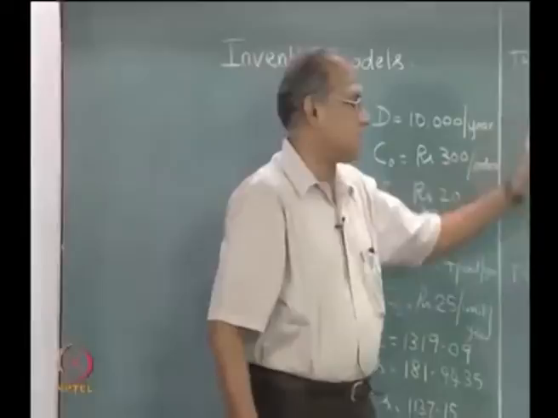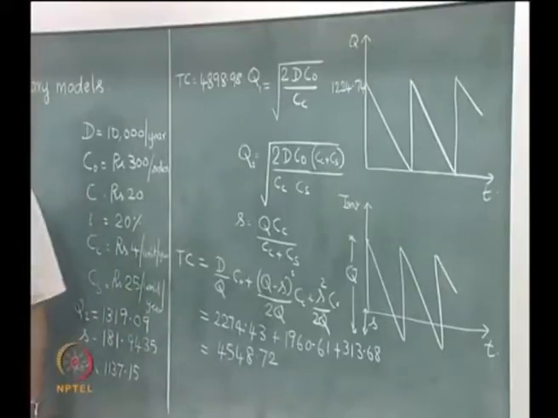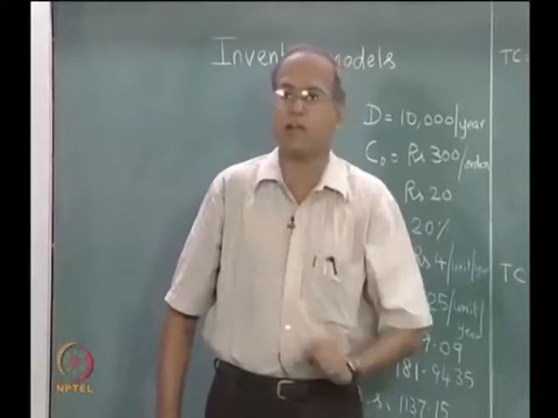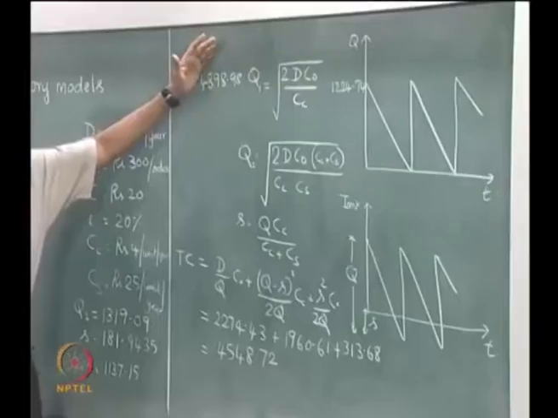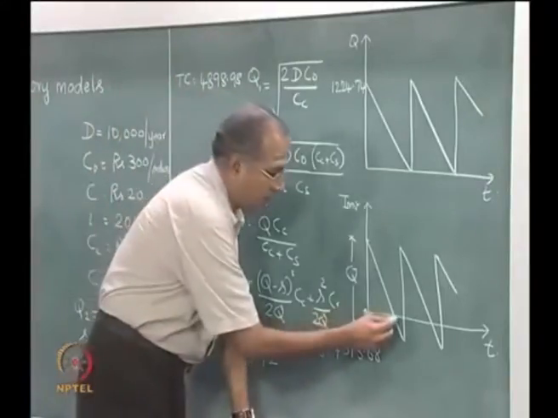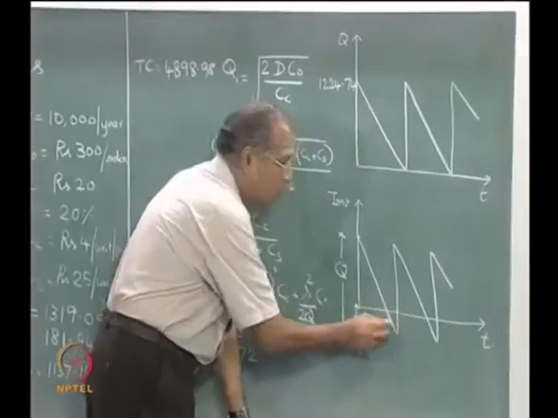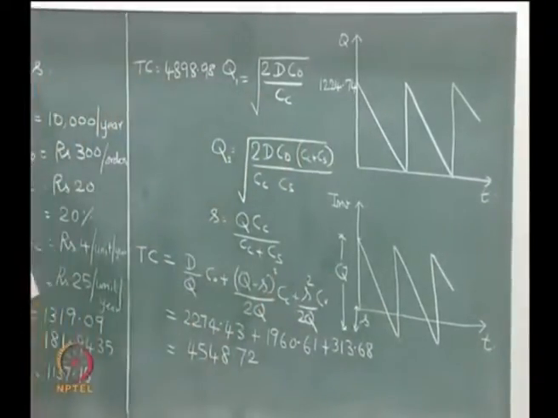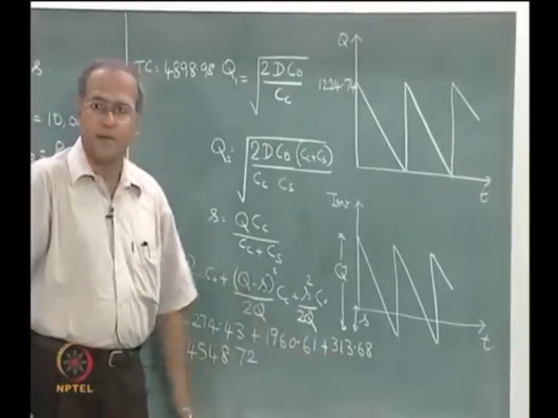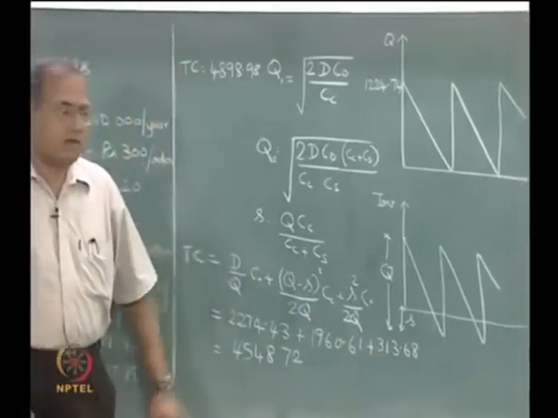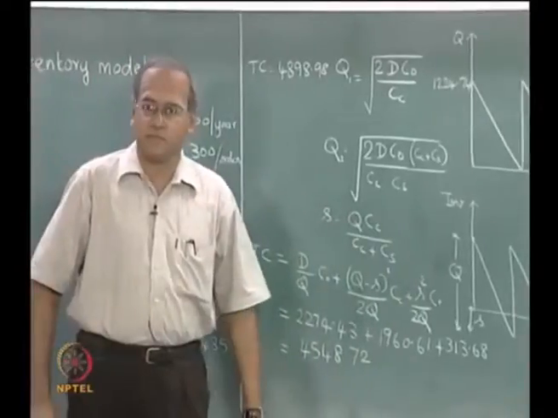So, the order cost comes down, the inventory holding cost comes down, but there is a back order cost which is not there in this model, which comes by holding the quantity of 181 for a much smaller period. So, the back order cost contributes to another 313.68, but as I mentioned earlier, the total cost effectively comes down.